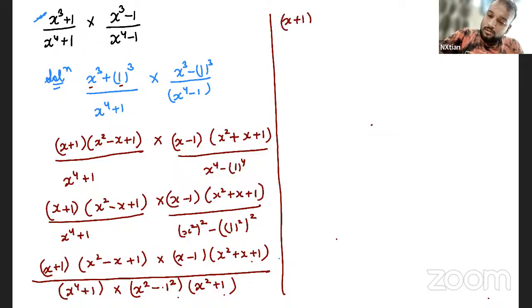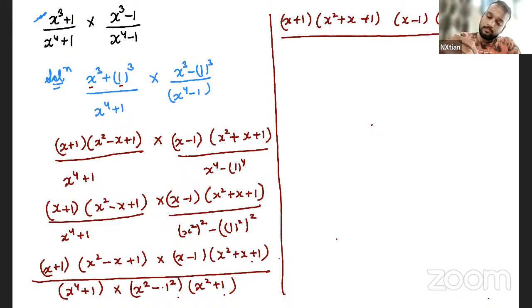x plus 1 into x square minus x plus 1, into x minus 1, x square plus x plus 1, upon x4 plus 1, into a minus b, a plus b.